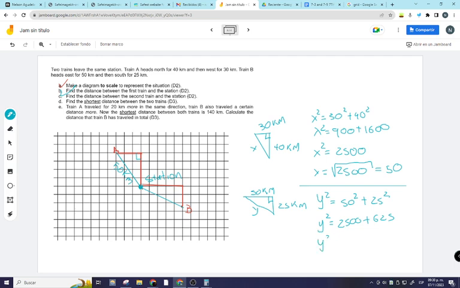So y squared is the addition of those two, which is 3125. And y is the square root of that. Let's find the square root of that.